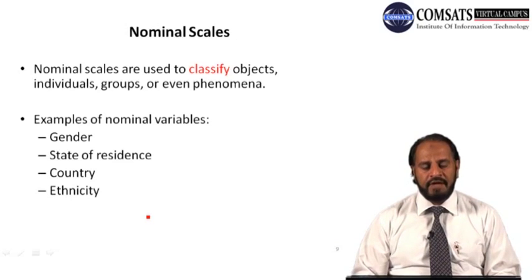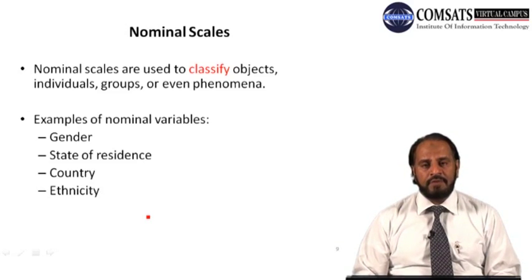So let's say we have a variable which is called gender, or state of residence, or the province of residence, the country, the ethnicity. These are all examples of variables for which we need to categorize the data into some groups. Such as country, we could have Pakistan, USA, England, or for gender we could have male or female.